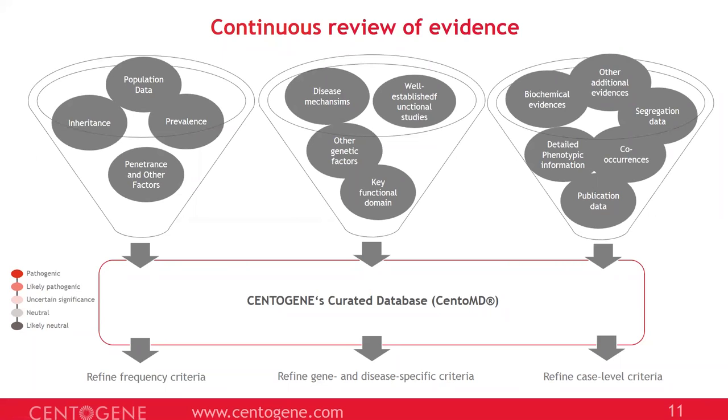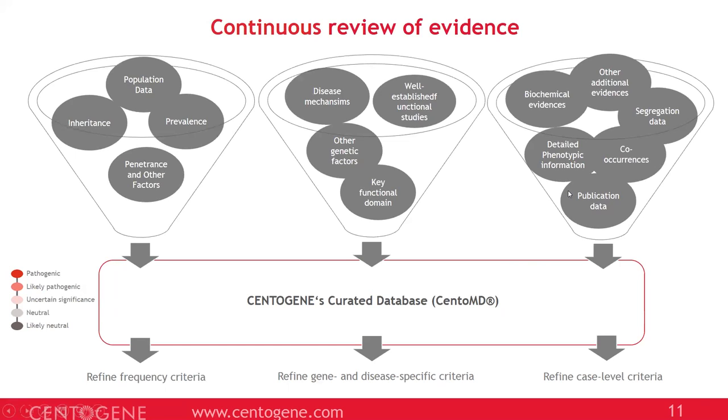But I have really to admit that the team gets really excited when new observations are made based on a new case, a new family, or new cohort analysis. It could be that a previous segregation observation is confirmed by an independent family, or it could happen that we observed new co-occurrences. It could be that new genotype to phenotype correlations are observed, and so on.